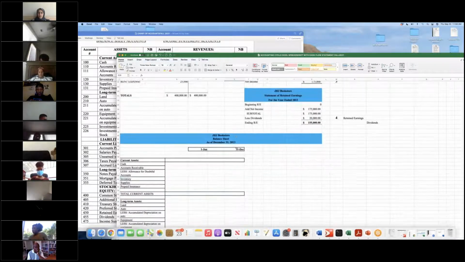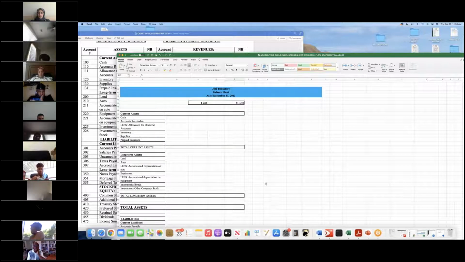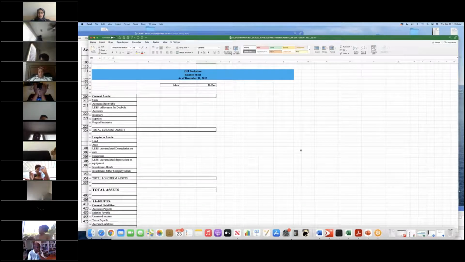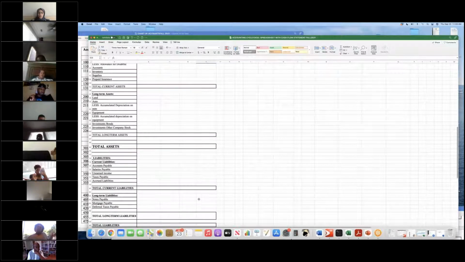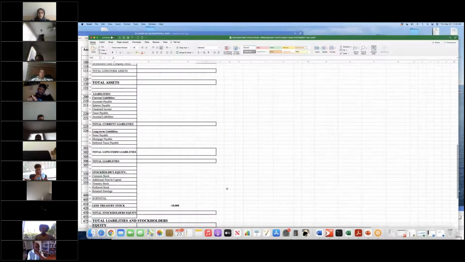A balance sheet, and you should have this balance sheet on your Excel spreadsheet. It consists of the assets, total assets, less the liabilities, total liabilities, stockholders' equity.